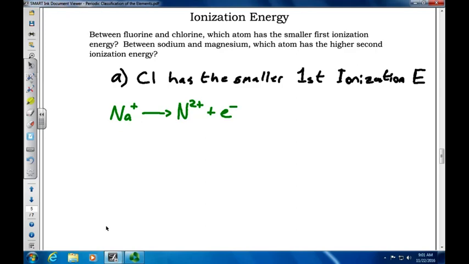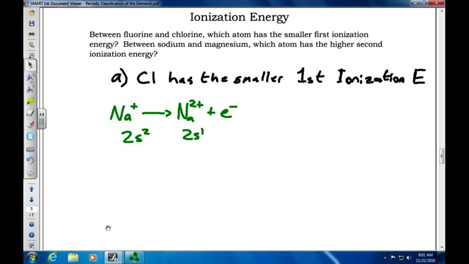That's what's happening: the release of an electron, and sodium is going through its second ionization energy. Looking at the electron configuration, we're going from a 2s2 to a 2s1.